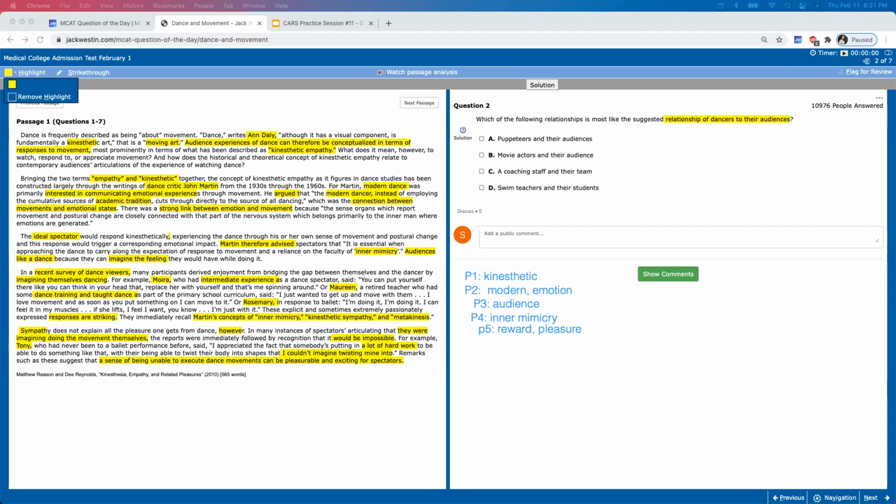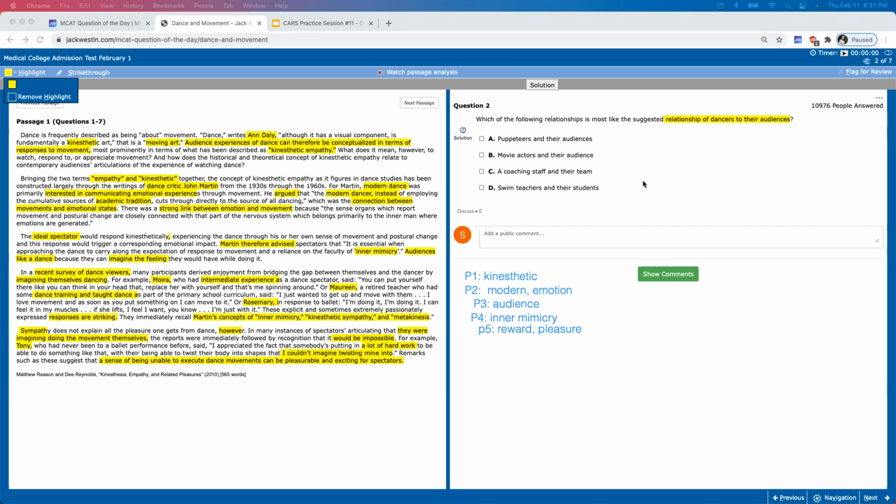Does someone want to explain the swim teachers and their students? Because I'm a little confused too, like how they're copying, I guess. Maybe it's because I'm not a swimmer. But yeah, this is really difficult. I don't really understand the analogies here that much and how they have to do with the copying.